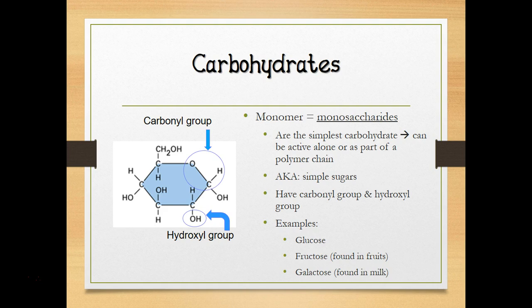Galactose, simple sugar found in milk. So they all have the same basic ring structure, just some of the carbon groups coming off are going to be a little different, and that's what's going to set them apart. Or the number of carbons that they have in the actual ring itself can change. But generally speaking, they've all got a ring structure that looks something similar to this.